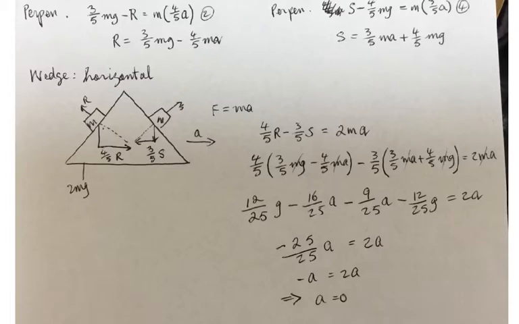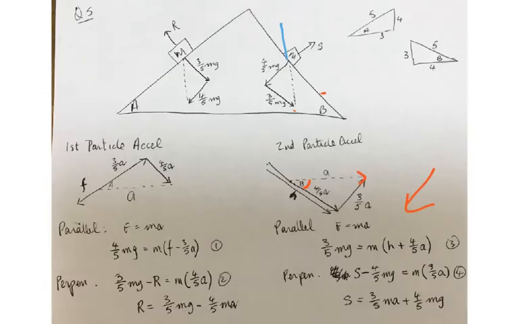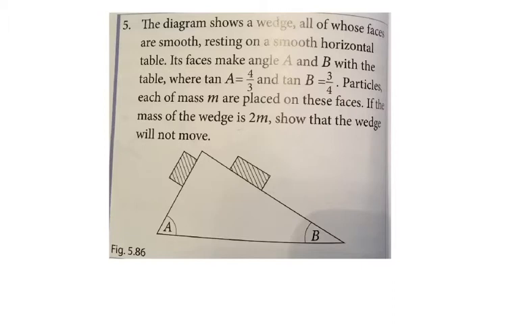You can see that things are going to cancel out, and you're left with minus 25a over 25 is equal to 2a. So minus a is equal to 2a. In that situation, the only solution is that a is equal to 0. So the acceleration is equal to 0, therefore the wedge doesn't move. And therefore you've proved what you were asked to prove at the start of this question: show that the wedge will not move.